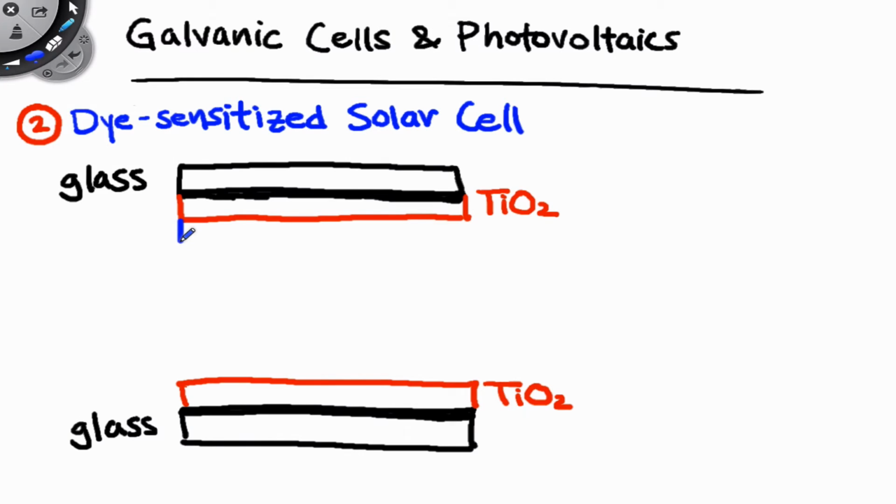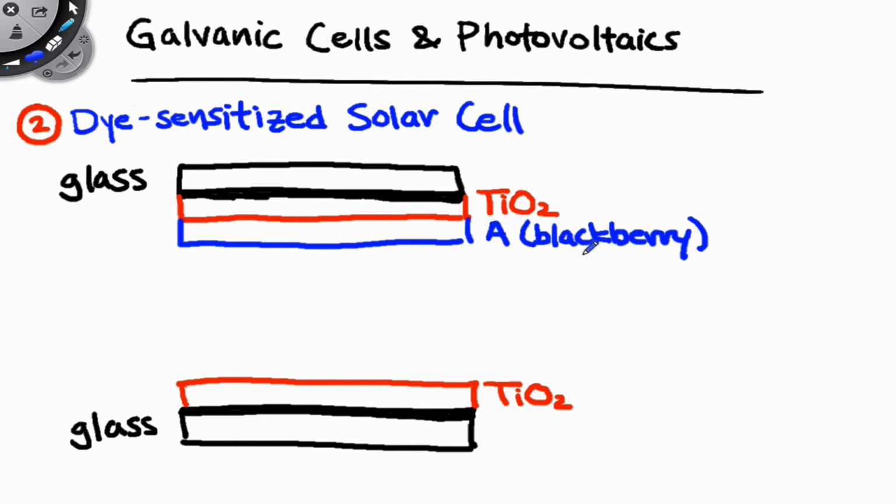So the next layer on top is going to be a layer of blackberry juice, and I'm just going to abbreviate this as A because the active molecule in this blackberry juice for our purposes is what's called an anthocyanin, and this is the layer that's actually doing the business of absorbing the solar energy. Specifically, the anthocyanin molecule can absorb solar energy in the form of light, just what we know as H nu, and become excited.